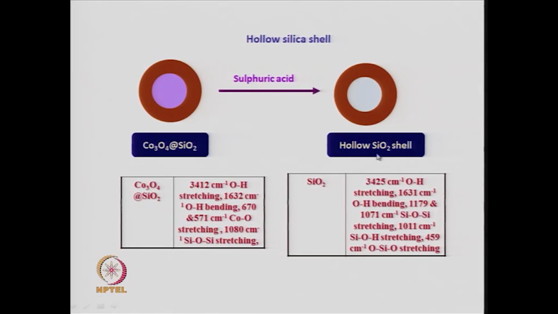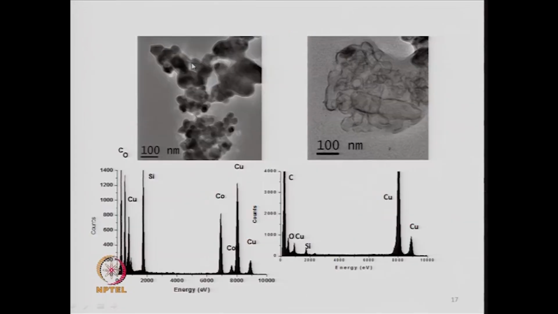How do you know that the hollow silica shell is formed? From infrared spectroscopy, you will see the vibrational frequencies corresponding to OH groups, SiOH groups and O-Si-O stretching frequencies, and you will not see any frequency due to cobalt oxide, which you can see in the original core shell nanostructure. From electron microscopy also you can characterize such core shell structure.